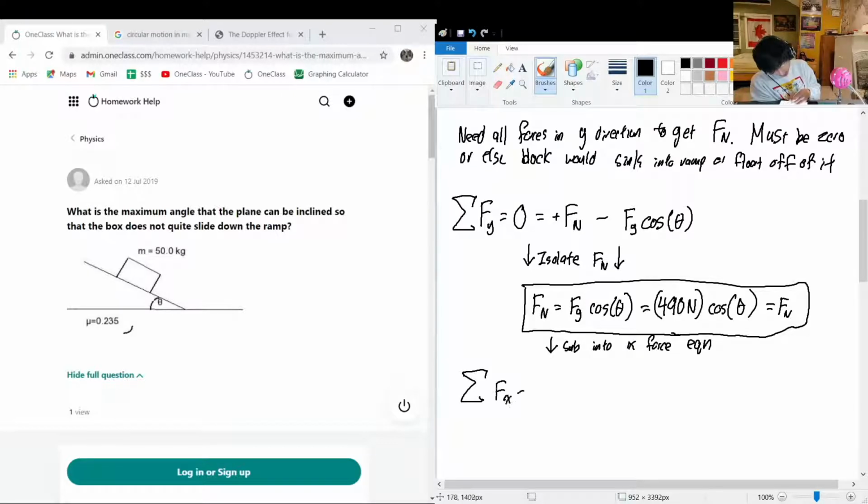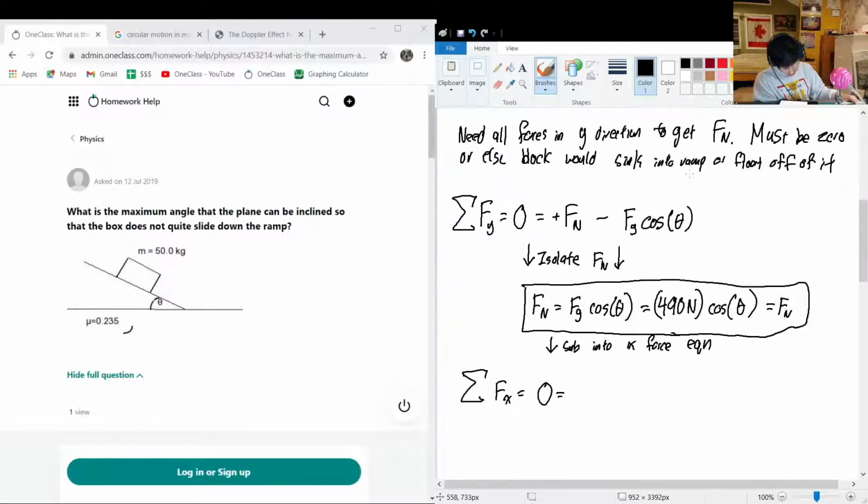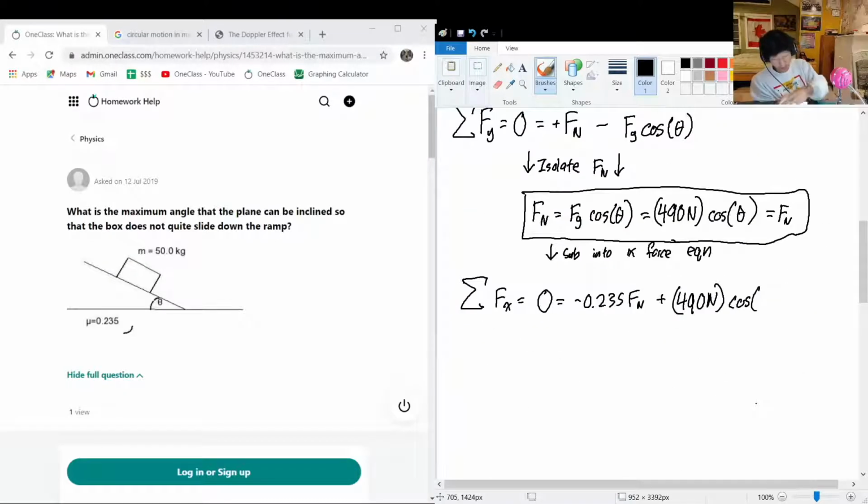So here we have Fx equal to 0, which was equal to negative 0.235 Fn, add 490 newtons. That was the previous Fg. I'm just putting in the numerical value, times cos. Was it cos up there? No, it was sine up there. My bad. Times sine theta. And inside of here, we can sub in Fn.